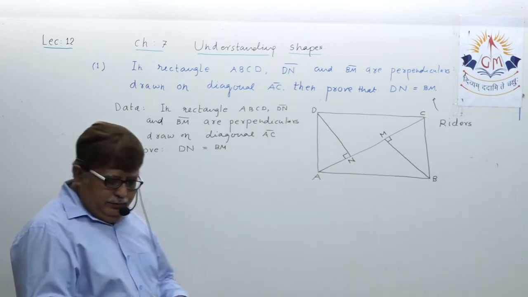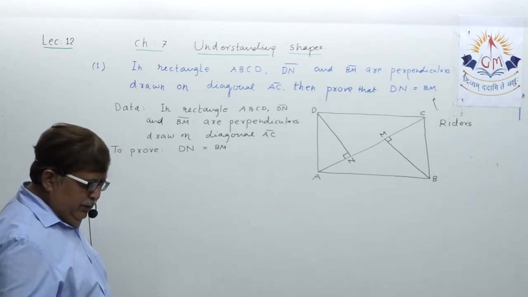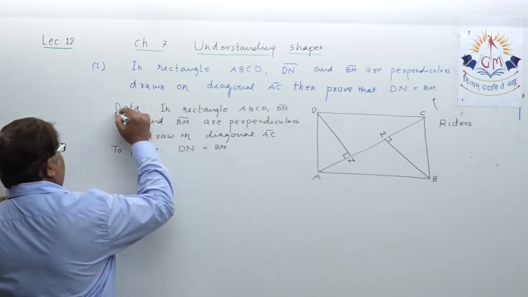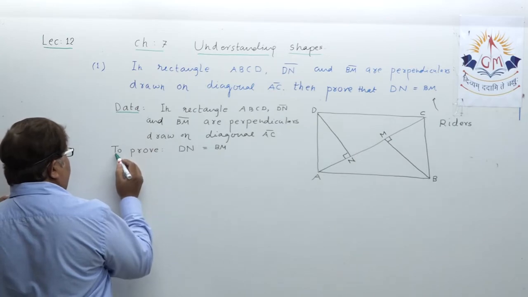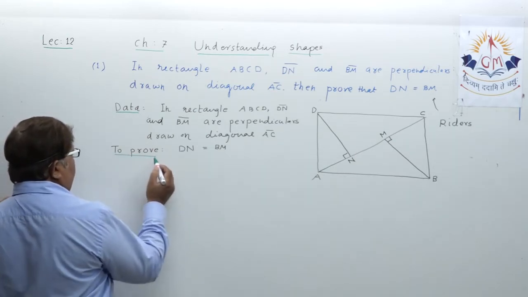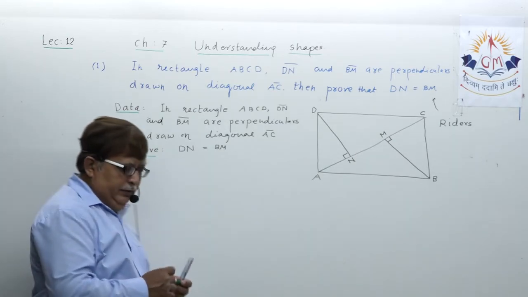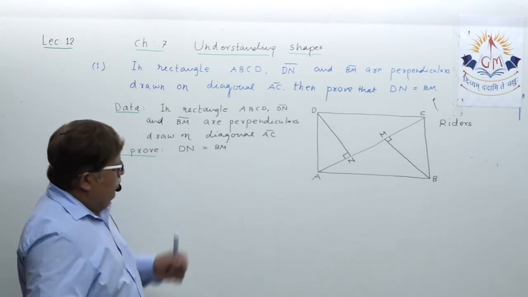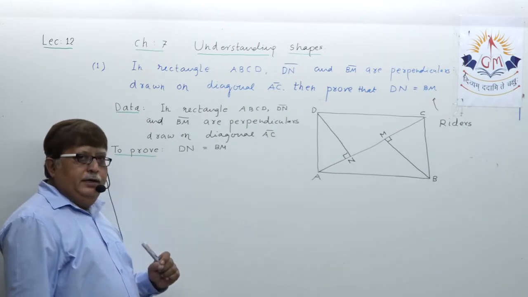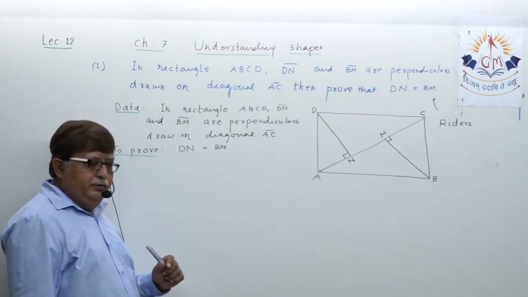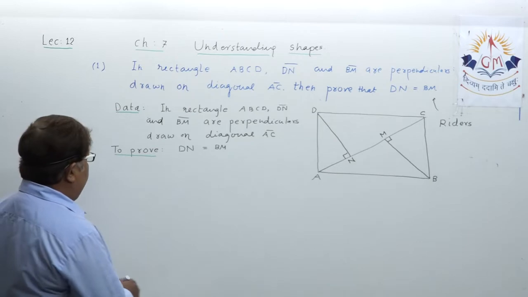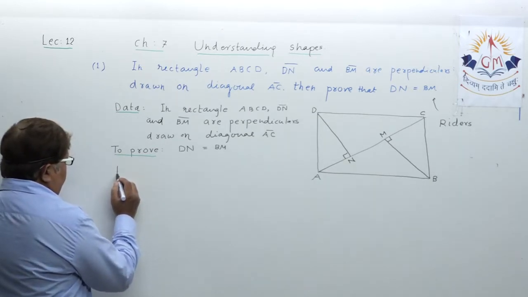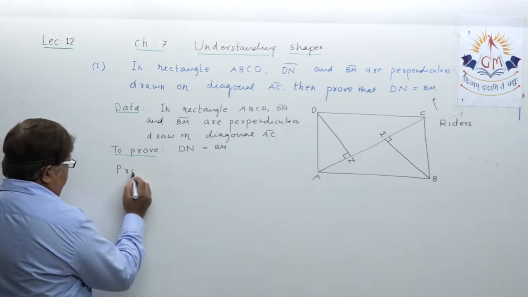So dear student, just try to summarize it. First, as per the given statement, we have drawn the diagram, then we have written data and to prove. Understood? Now dear student, let us try to give proof.